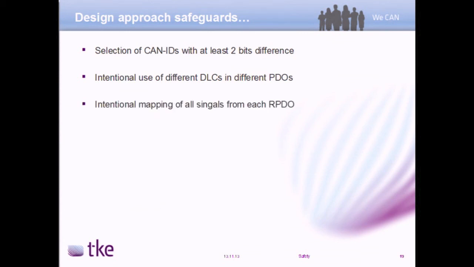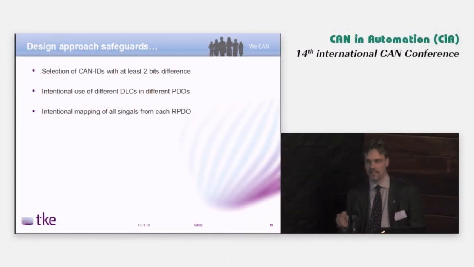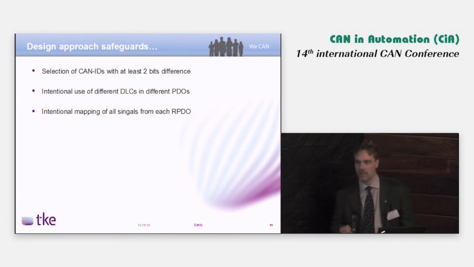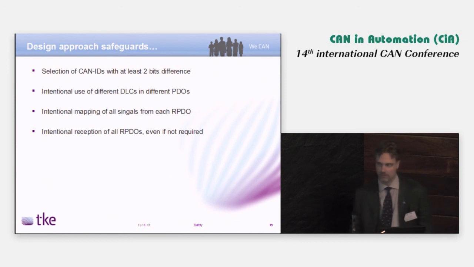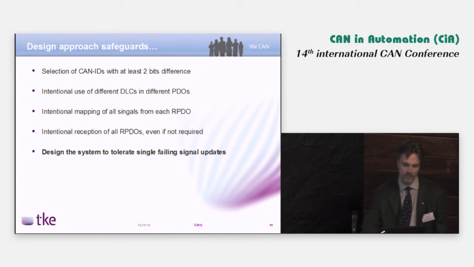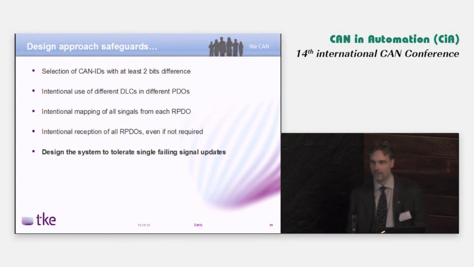And then, we can use RPDO mapping as a diagnosis tool. Even if a device does not require or consume the signals, if we still map everything into the RPDOs, we get one diagnosis point more, by as many devices as possible. And then, a very simple one: if we use an update cycle of half of the required one, it seems to open the sky for us.